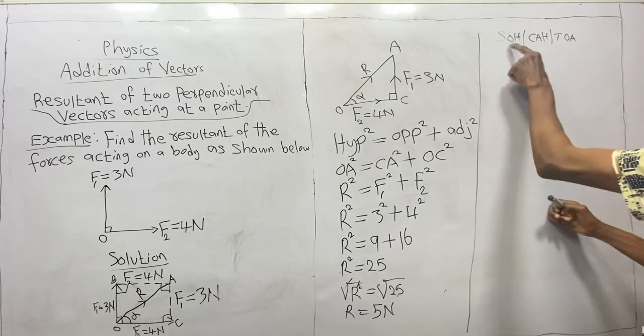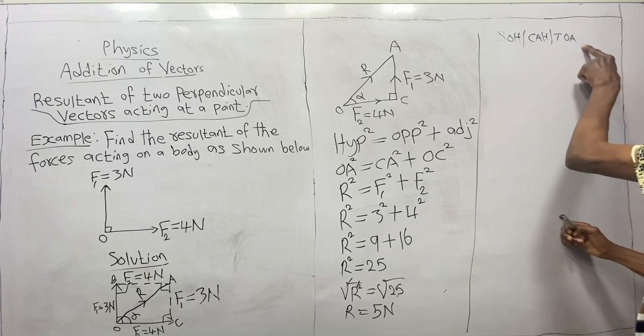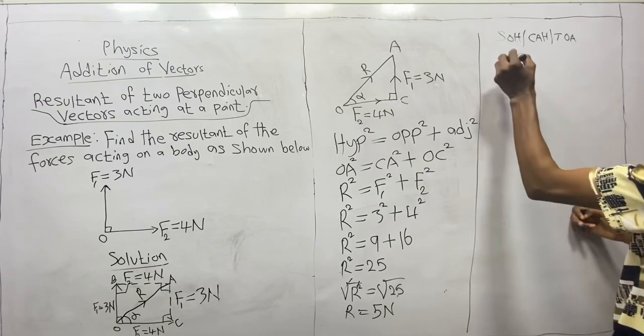And in all these three, the one we are to use for us to get the direction of the resultant vector will be what? TOA, where your T stands for tan.